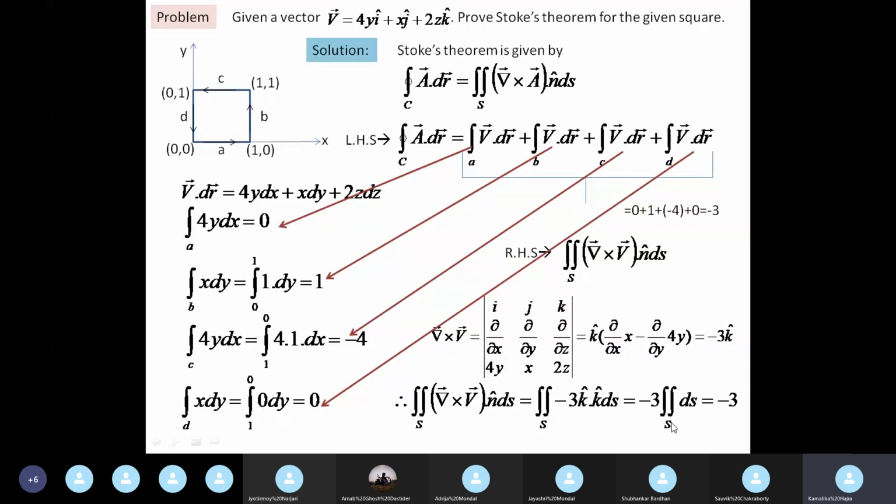Minus 3 comes outside. k cap dot k cap is 1. So the integral of ds gives you the surface area of this square. And this is a unit square, so the surface area is 1. So this is minus 3. You can see this is the same as the left hand side, which shows that Stoke's theorem has been proved.